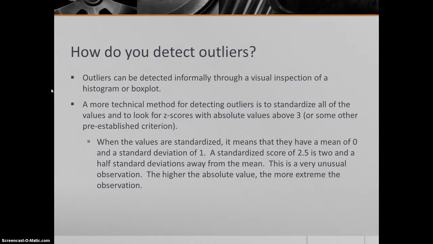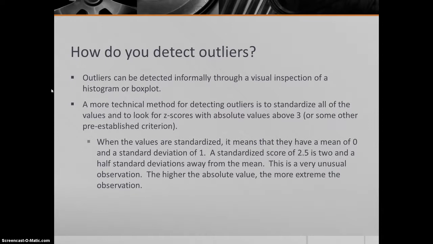A more scientific way to detect outliers is to look at standardized values. So in the reading and in the lecture portion, you learned about z-scores and standardization. Basically, to get a z-score you take the observation, you subtract the mean, and divide by the standard deviation. That gives you a value in standardized units that tells you how far away from the mean that observation lies.